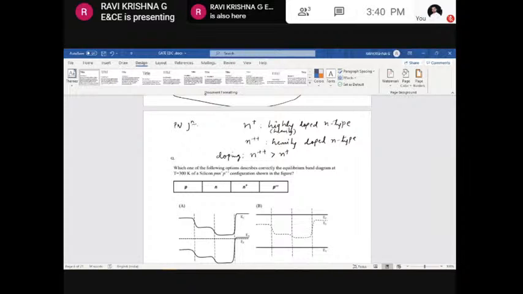If they represent only N or P, then usually we call it a moderately doped semiconducting region or material.